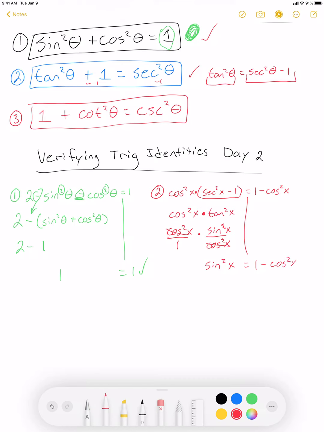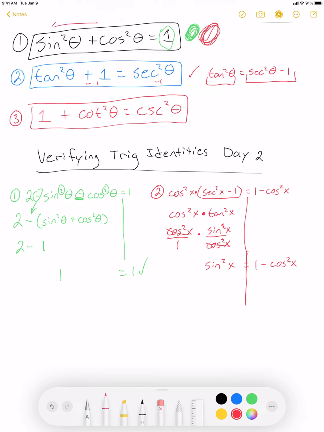So how do I deal with that? Because I need the left side to equal right side, and I cannot manipulate the right side because I started with the left. Well, again, if we go back up to our first Pythagorean identity, we already noticed that it contained a cosine squared, which is now a sine squared. So how can I replace sine squared with something? Well, what does sine squared equal?